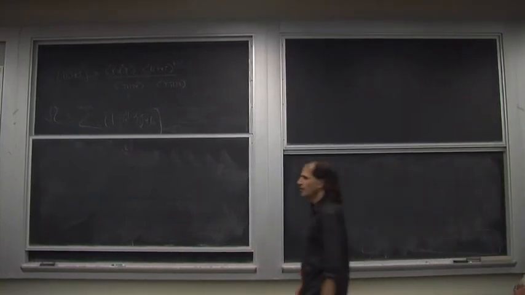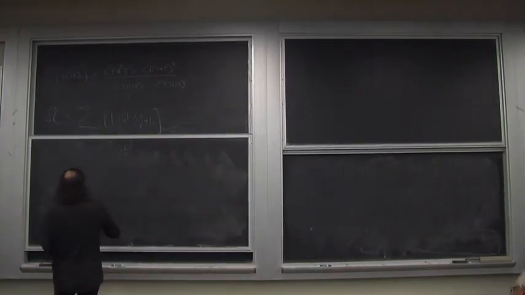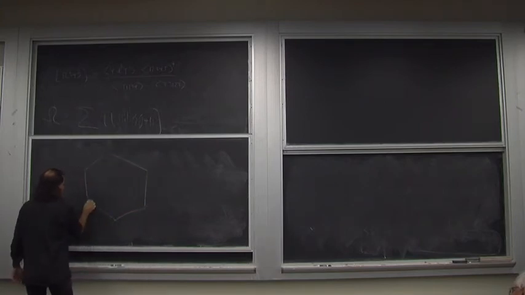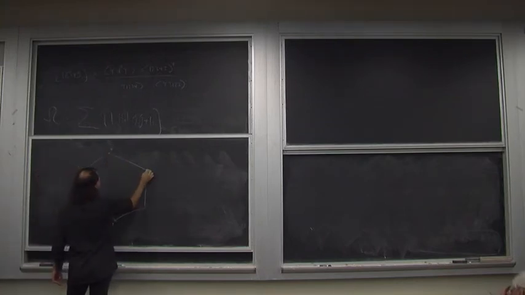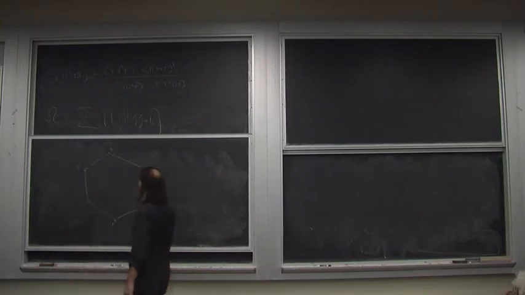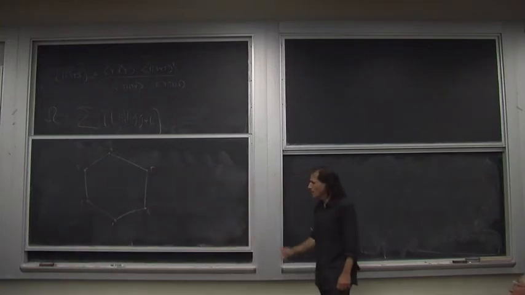Okay, so now we're going to spend some time talking about the inside of a polygon. So let's say I want to talk about all the points on the inside of a convex polygon like this.